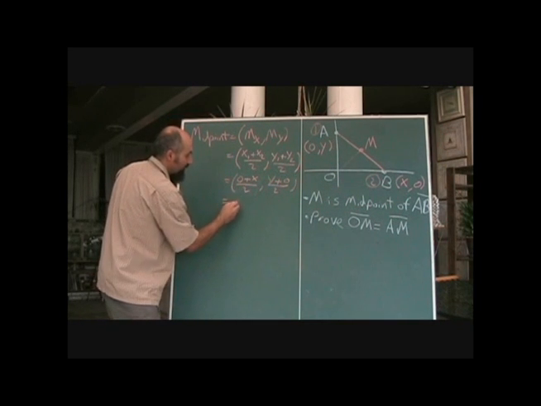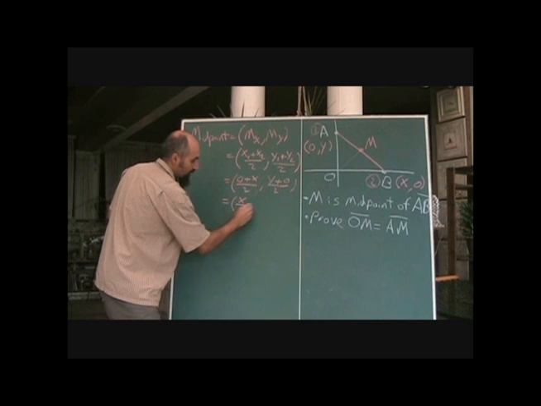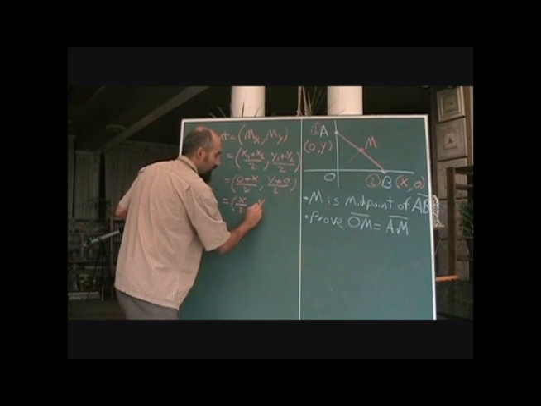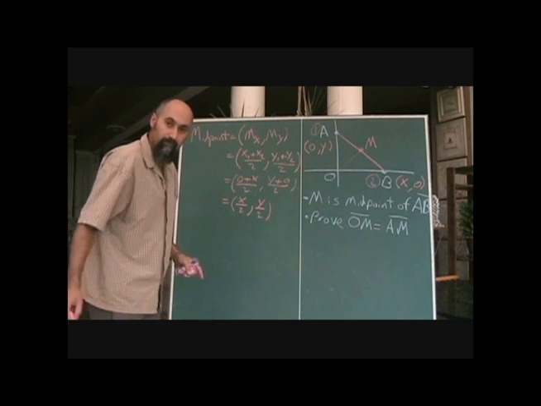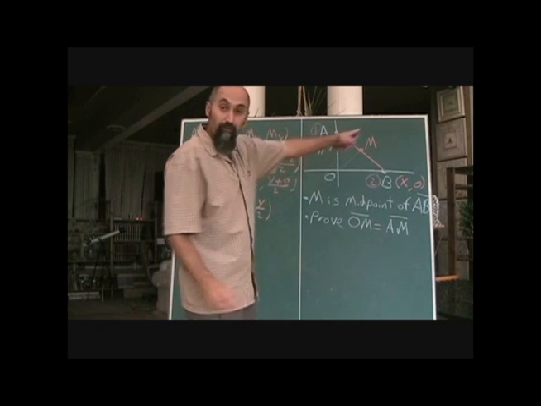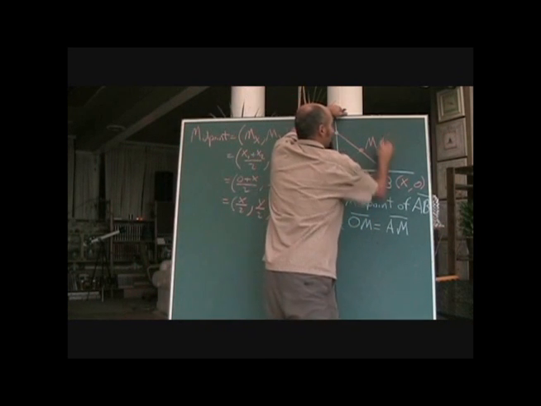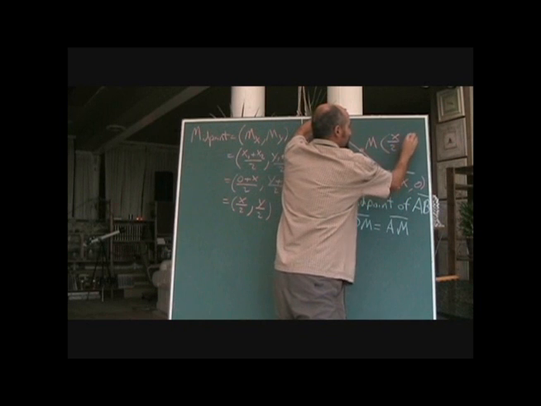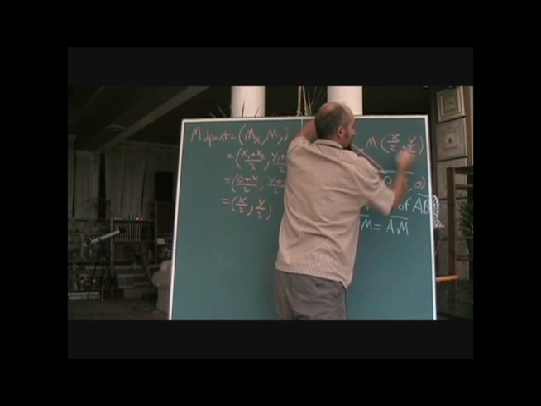So the midpoint becomes x over 2 and y over 2. We can transfer that information onto the board: x over 2, y over 2.